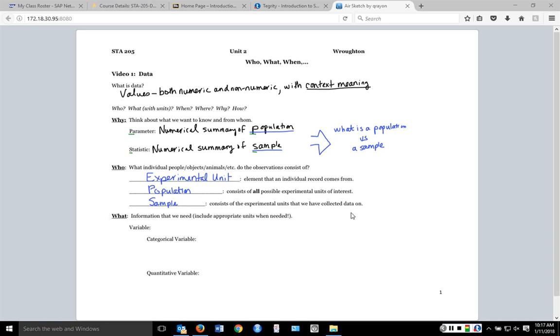So going back up here then to parameter and statistic, some examples of them. First of all, it's a numerical summary. For example, I might be calculating the mean height of people. That's the numerical summary, but of a population, so maybe my population is all NKU students.